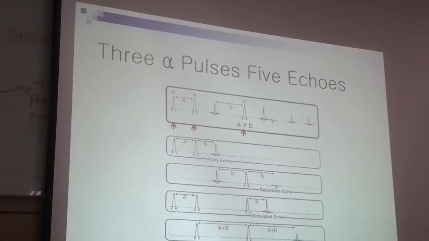We determine the echo using the timing between the echoes and the RF pulses. So we can infer this echo as a secondary echo because the timing interval P and P is equal, and this is defined as a stimulated echo because the timing interval A and A is equal.